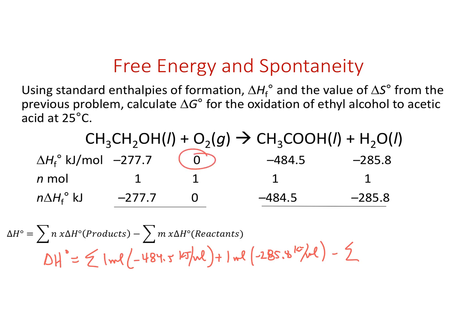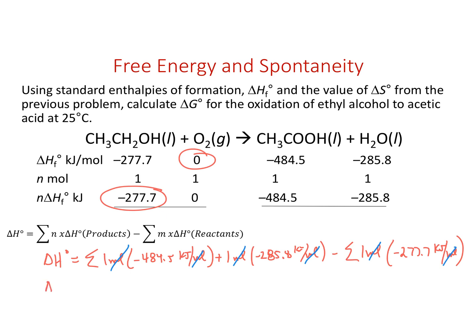The enthalpy of formation of oxygen is 0, so I don't need to include that in my calculation, but the enthalpy of formation of ethanol is 1 mole of that comes with negative 277.7 kilojoules per mole. And again, I calculate this and multiply by moles. Moles will cancel out, leaving me with units of energy.